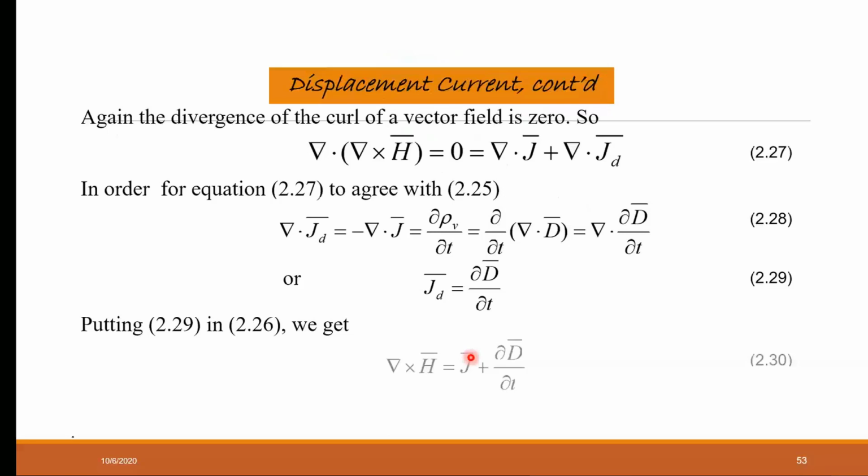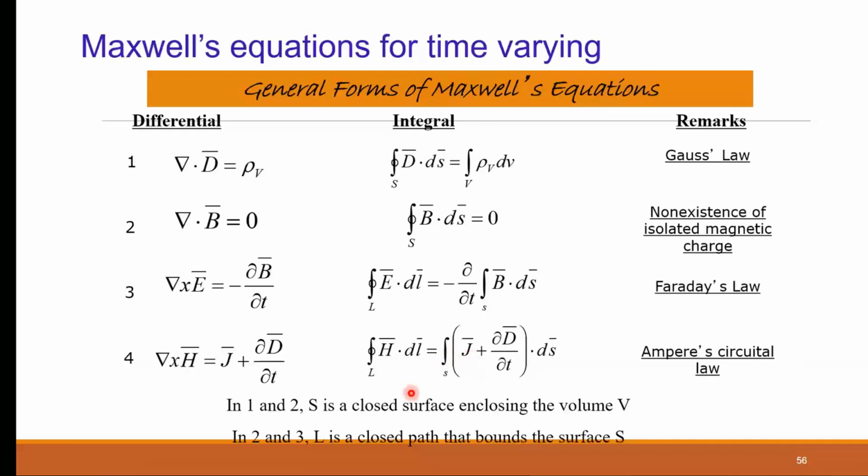So let us summarize all the equations. What is the first equation? In integral form, surface integration of D dot ds is equal to Q enclosed, which is equal to volume integration of rho v dv, Gauss law for electric field, and its point form comes as del dot D bar is equal to rho v, right?